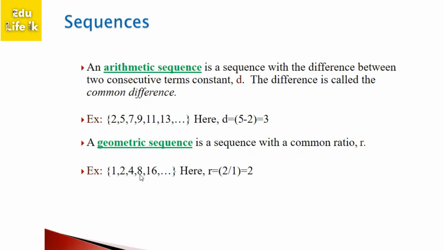If you know this is a geometric series and you are asked to find the common ratio, you can consider any two consecutive numbers and get the fraction. Here, 4 over 2 is 2, so the common ratio is 2.